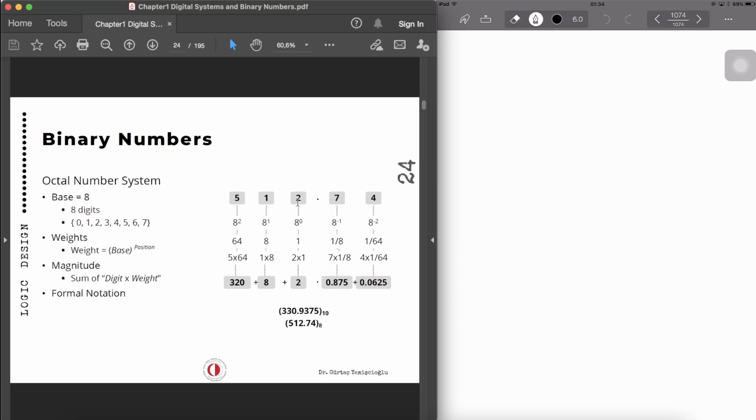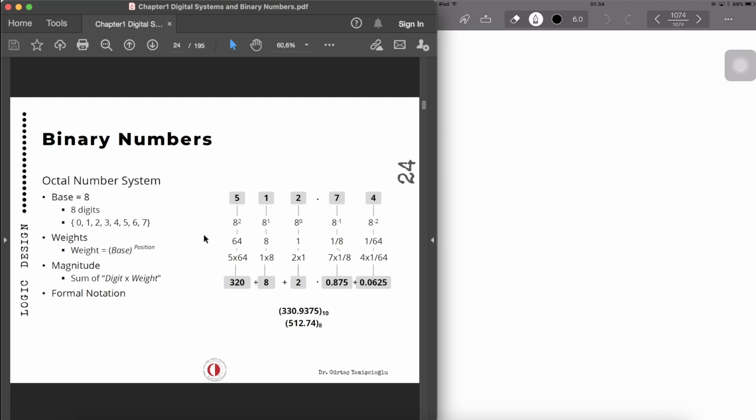So 512.74 in base 8 is going to be equal to 330.9375 in base 10. You can see that there are lots of numbers over here. If this number is larger, then you have to deal with the powers of 8, like 8 to the power 8, 8 to the power 10, 11, 12, and so on.